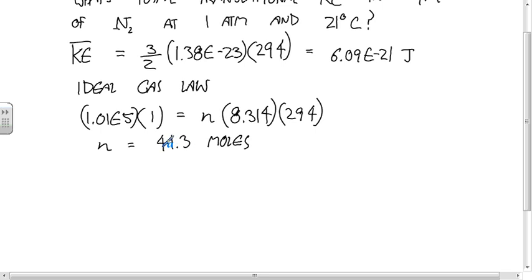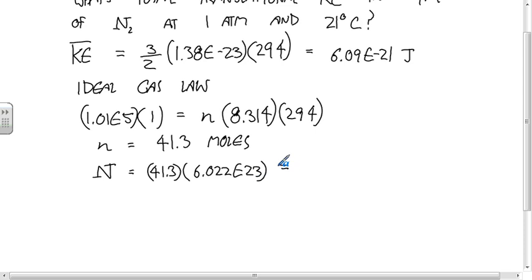I'm going to use the number of moles to figure out how many molecules we have, and then multiply the number of molecules times the energy per molecule to get the total translational kinetic energy. So N is equal to 41.3 times Avogadro's number, 6.022 times 10 to the 23rd.